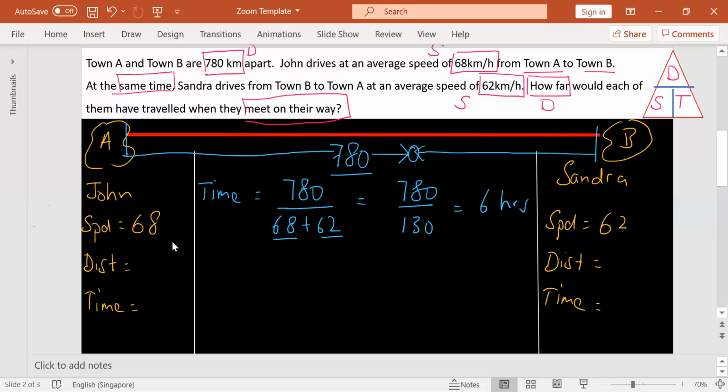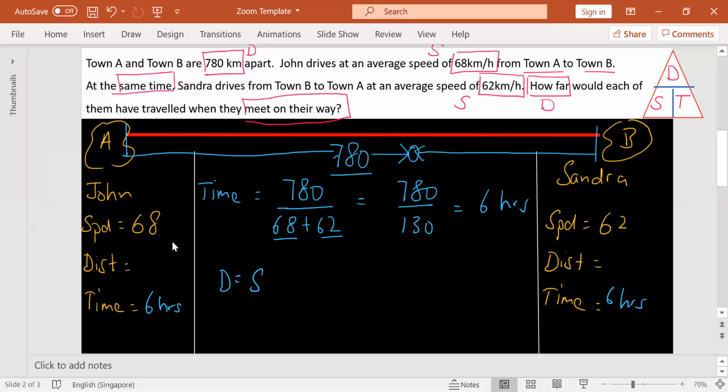So therefore, do we know the time taken by John? Yes, we do. 6 hours. Time taken by Sandra? Yes, we do. 6 hours.